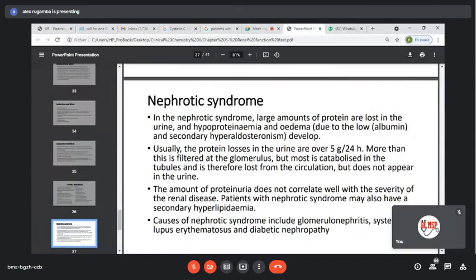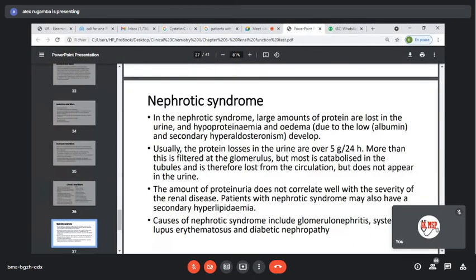Yes, okay, I can see it. Do you know the metabolism of lipid? So hyperlipidemia is, of course, the high concentration of lipids in the blood. If there is nephrotic syndrome, the kidney will not be able to do the metabolism of the lipids.